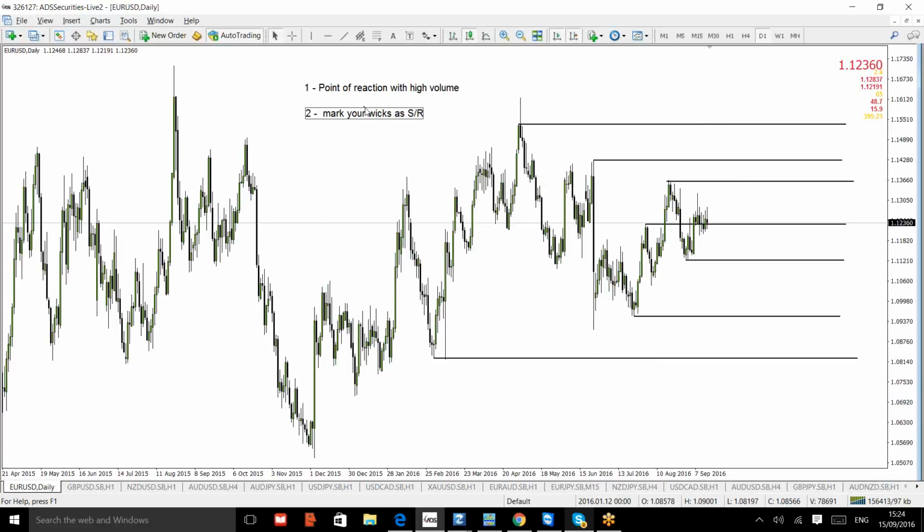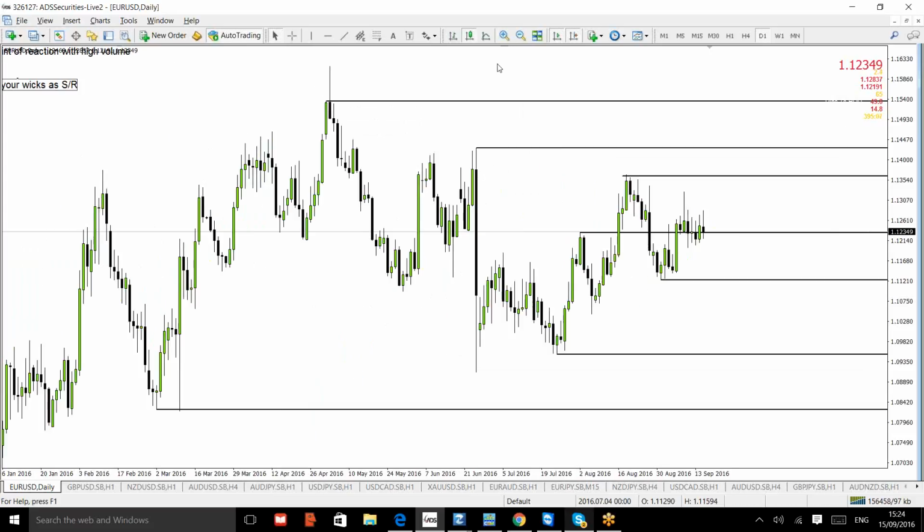Okay, wicks. If the market leaves a wick on the charts, it reflects a market attempt to reach a significant level, which has failed. Let me give you an example. This is a wick. What does it represent?